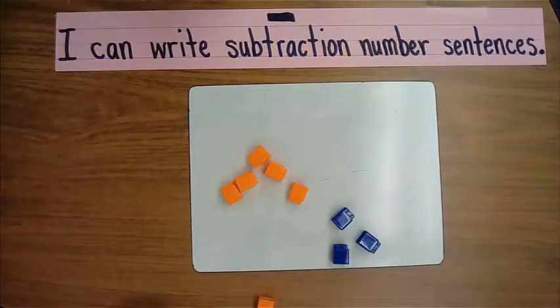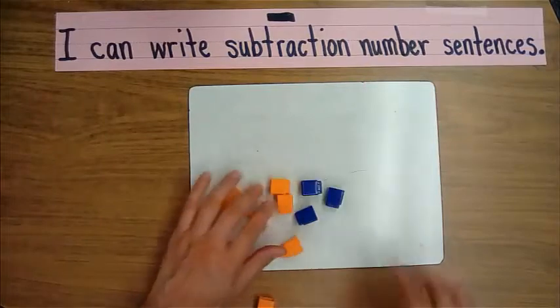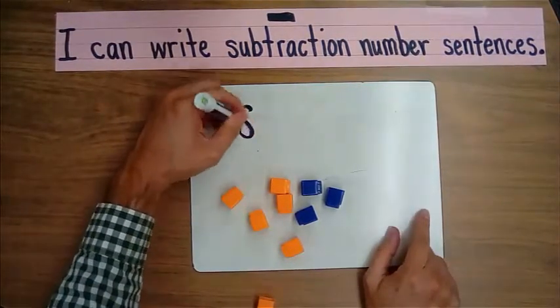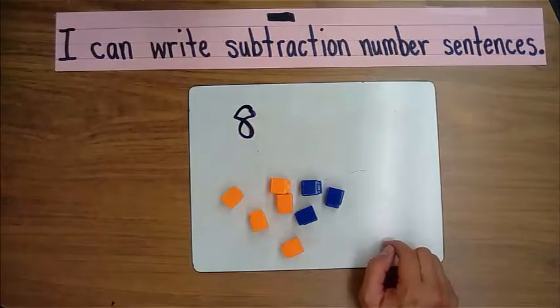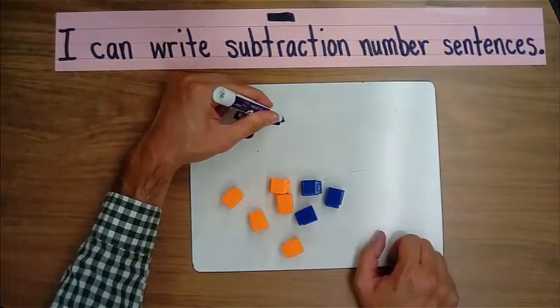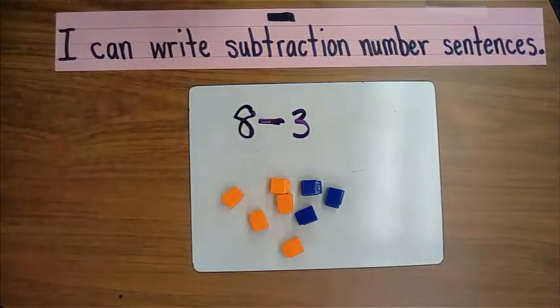So how would we write that as a number sentence? Well, I know that I started off with 8, so I'm going to write that, 8. And then we said subtract 3. So subtract and minus are the same thing. So we're going to say subtract 3. And what does that equal?